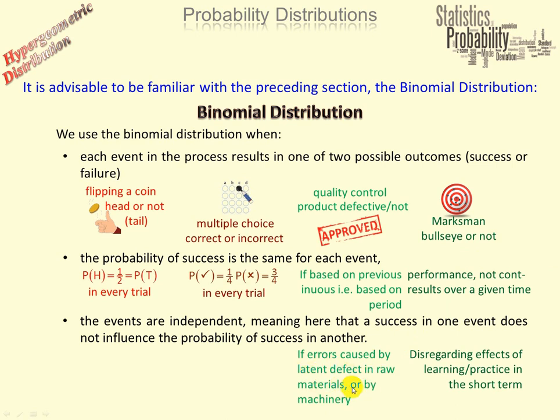So we are basing this binomial distribution on the fact that nothing changes. Same here, a marksman every time he or she shoots, whether missing or hitting, could learn something and change the probability. So we're disregarding the effects of learning or practice in the short term.